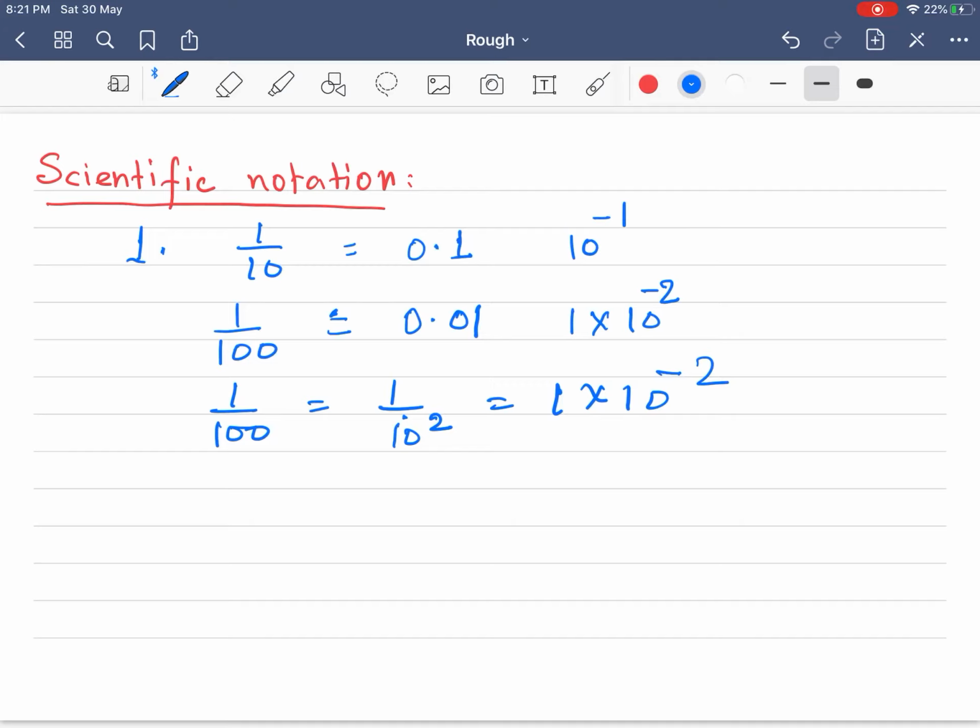These are the same. Suppose I am writing 1 divided by 1000, then the scientific notation is 10 to the power minus 3.